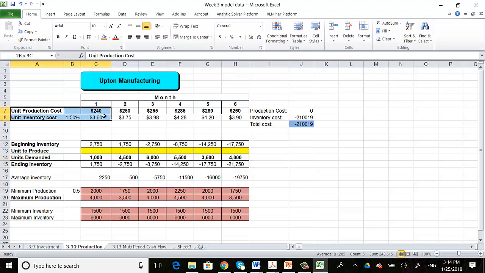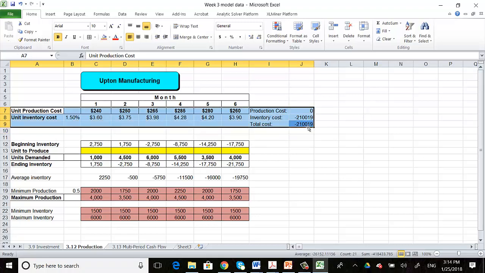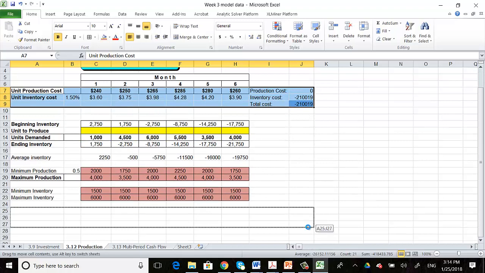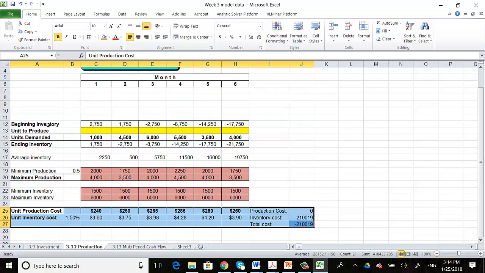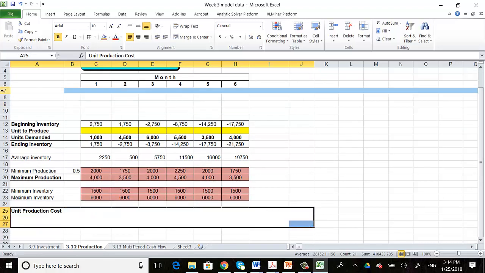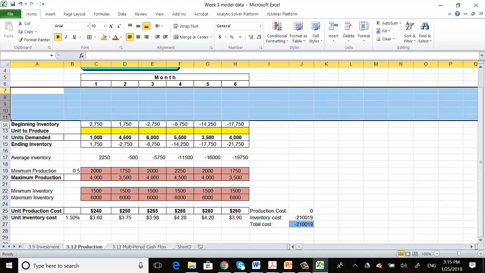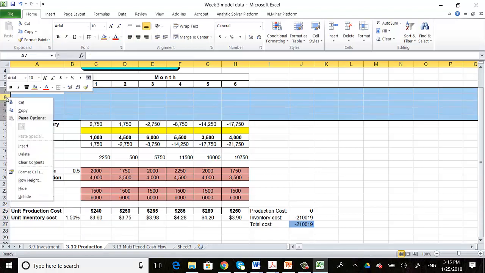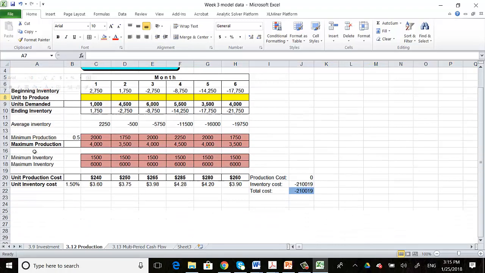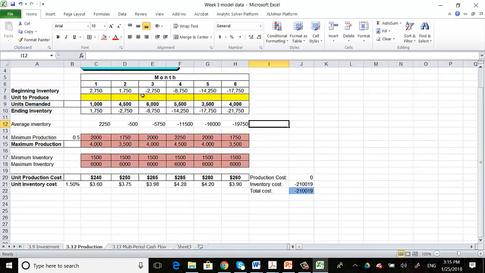Okay, so I'm going to do my move around now. I'm going to move this part to the end to make it look better. Delete those ones. Delete those rows. Okay, so it looks like this. So every month we have beginning inventory, units produced, units demanded, and the inventory.